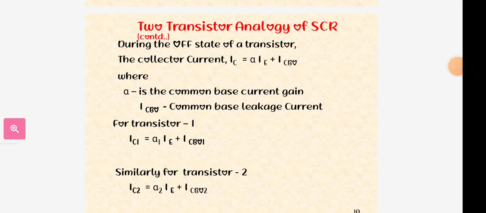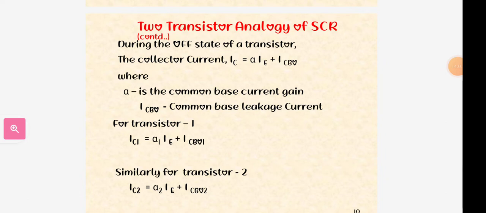In the SCR two transistor analogy there are transistor 1 and transistor 2. For transistor 1, the collector current IC1 is equal to alpha 1 times IE, the emitter current, plus ICBO, the collector base leakage current. Here alpha is the common base current gain and ICBO is the common base leakage current.